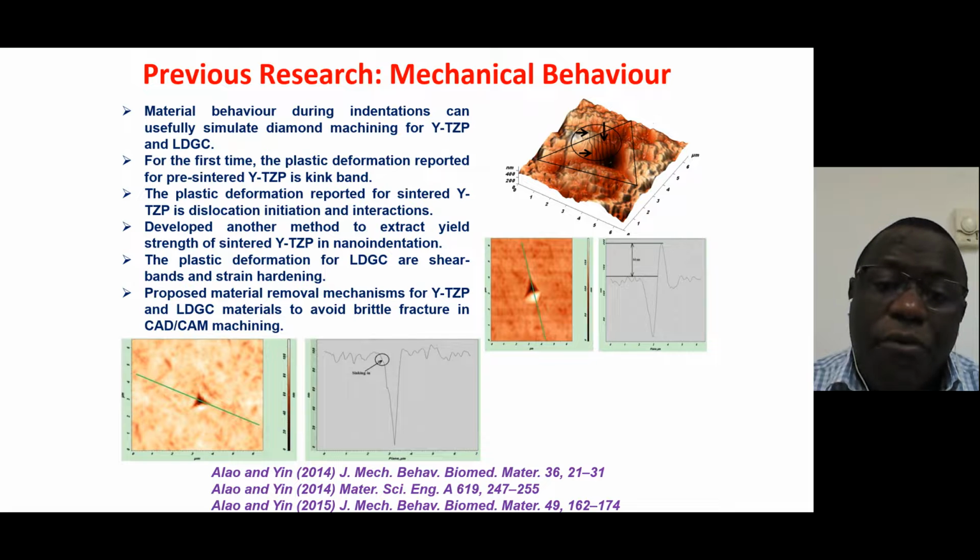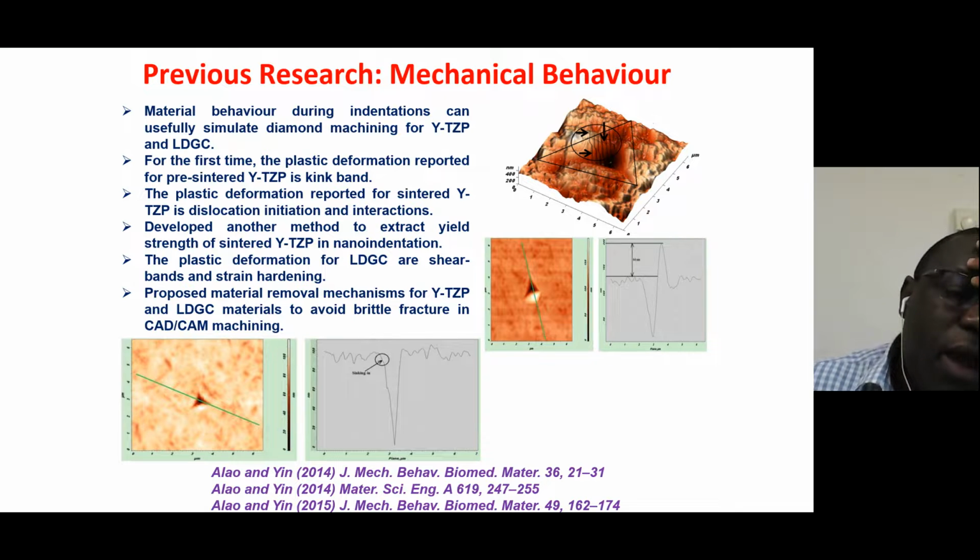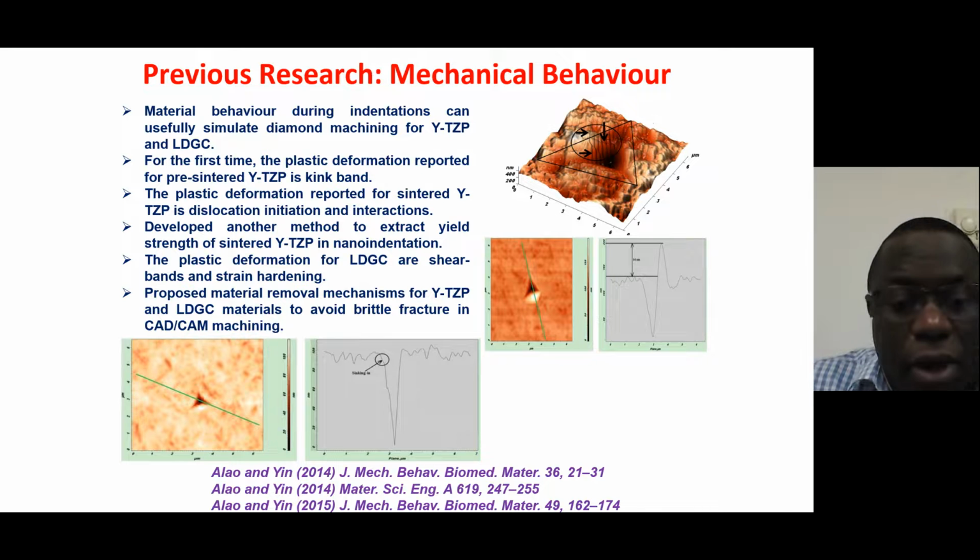Now, in the field of glass ceramics, I investigated two types: lithium metasilicate glass ceramics and lithium disilicate glass ceramics. I was able to establish that the plastic deformation for both of them is by shear bands and strain hardening. The strain hardening process is one of the processes used to increase the strength of a material, such as an increment in the yield strength or the tensile strength.